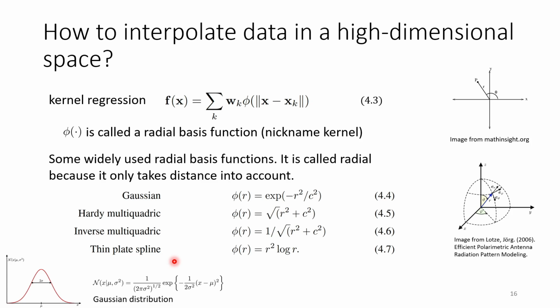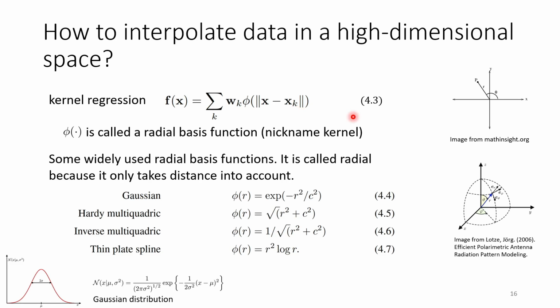All right? Yes, please. What does the letter c stand for in those formulas? Constant? Yeah, the concept is here. What you see here, the absolute value, means the distance between the two points, x and xk. Okay?